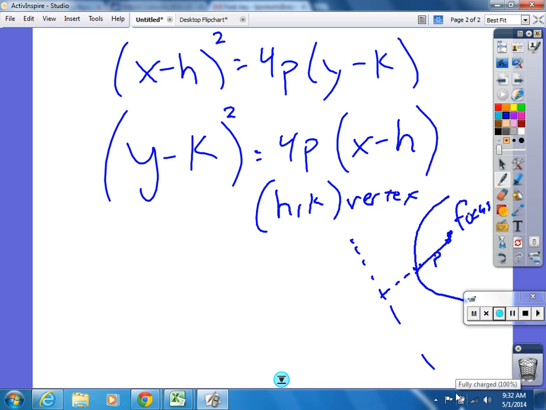Directrix. Okay, this line is called our directrix. It's the same distance. This distance is the same away from the vertex. What this P does, you're asking why there's a P there. Well, that P gives us the distance from our vertex to our focus and our vertex to our directrix.